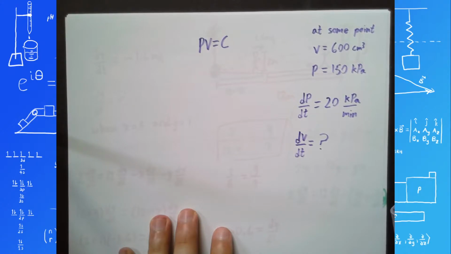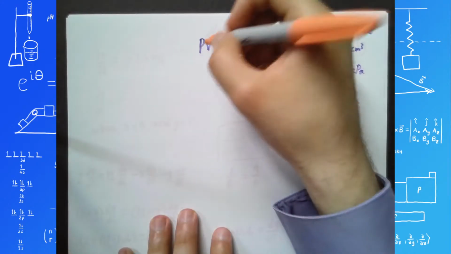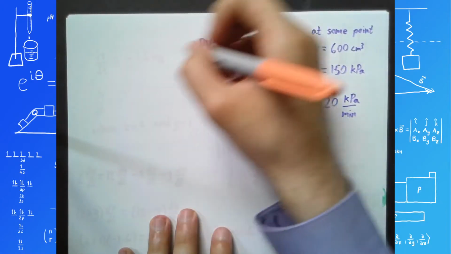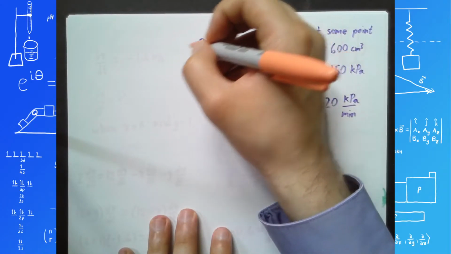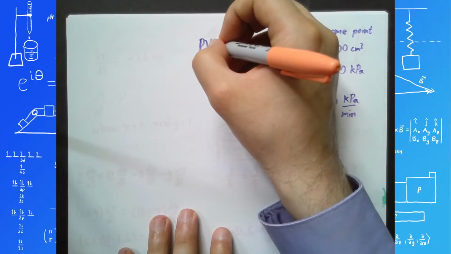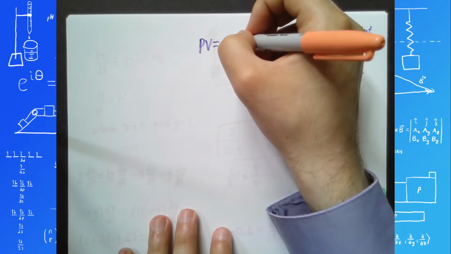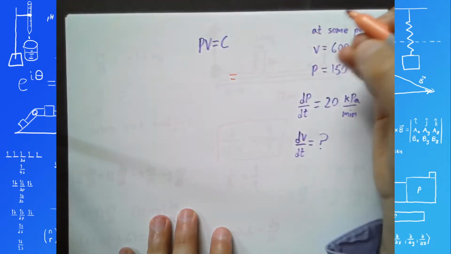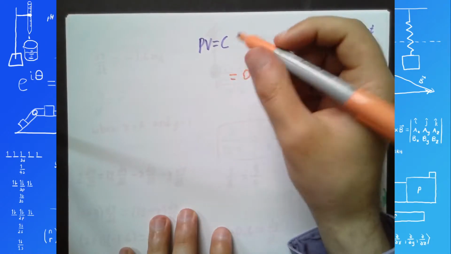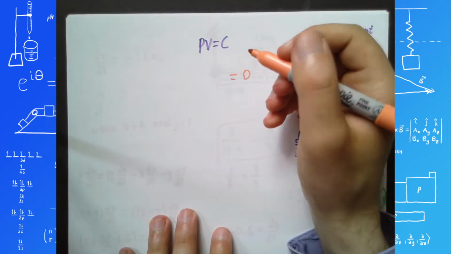Where do I want to start? Well, I guess I should just start by differentiating this. They already gave us our equation. All we have to do is take the derivative with respect to time. So we've got a product rule on this side, and this is a constant. Derivative of a constant is always 0, so that takes care of that end. Pressure times volume.